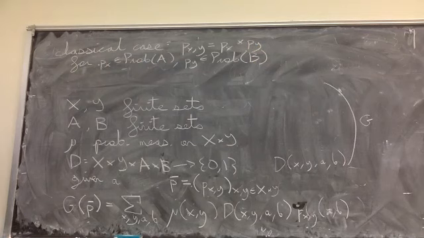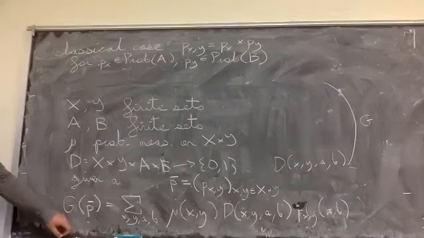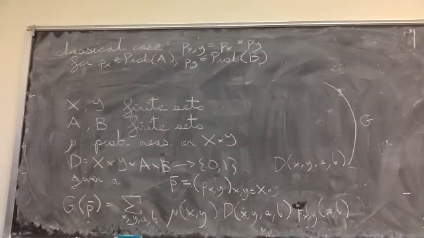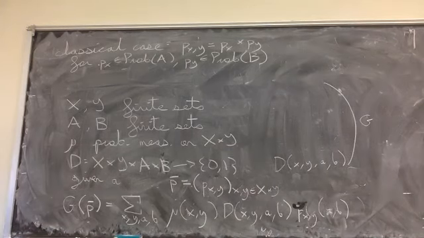So this restriction where we say that each of these probability measures has to be a product of a measure on A and a measure on B, this is what we would call the classical case, or a classical game.